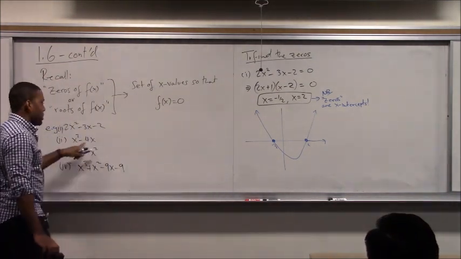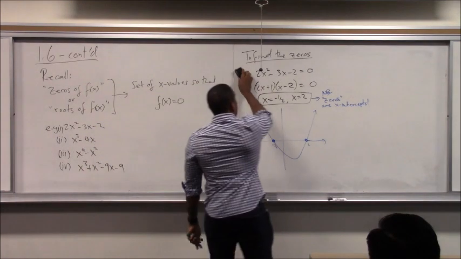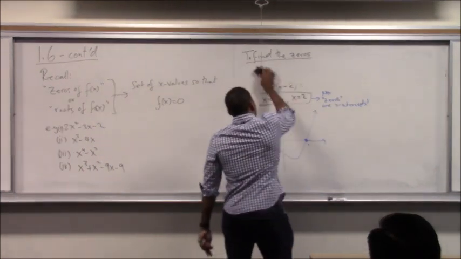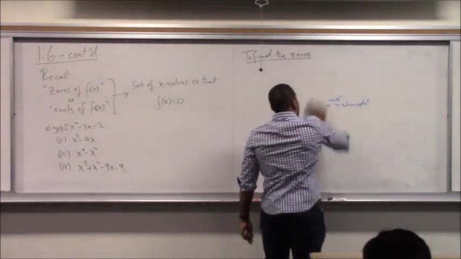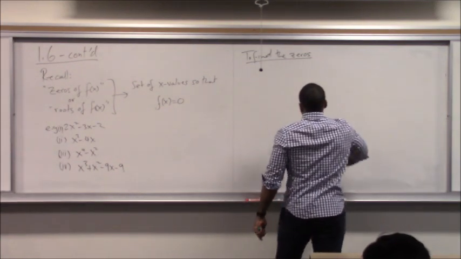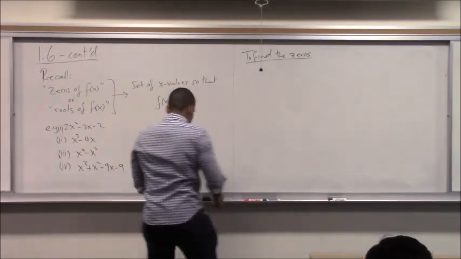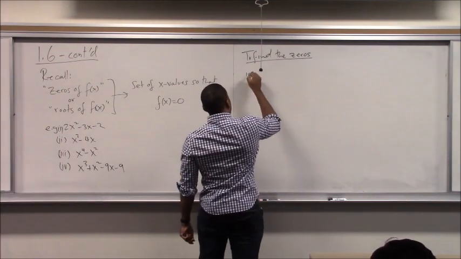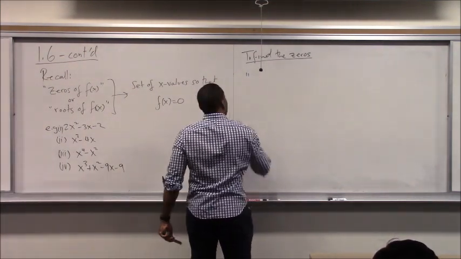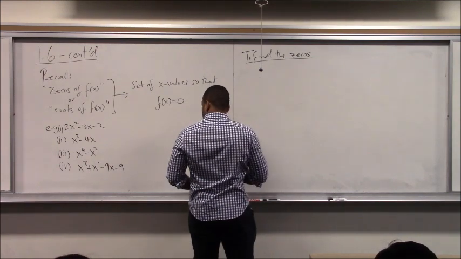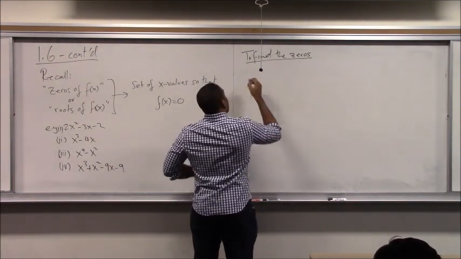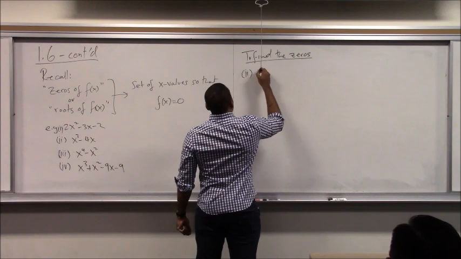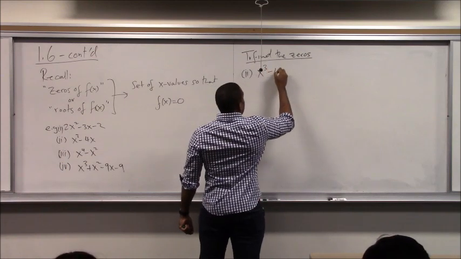So let's actually move on to the second one. I want to do some naive sketches here as well, using the zeros, so you can see how I would actually go about sketching something. So if we look at 2, x cubed minus 4x.